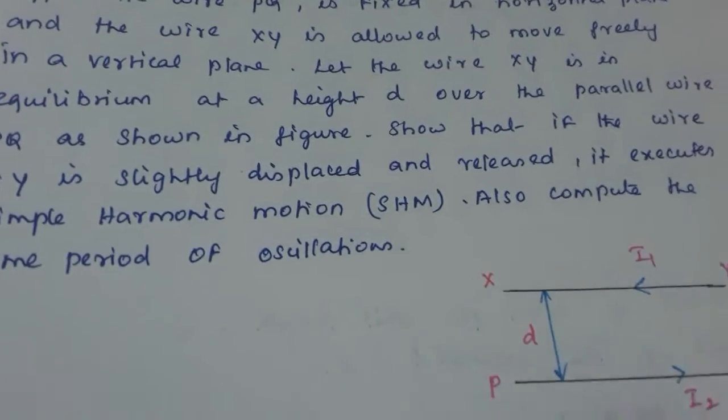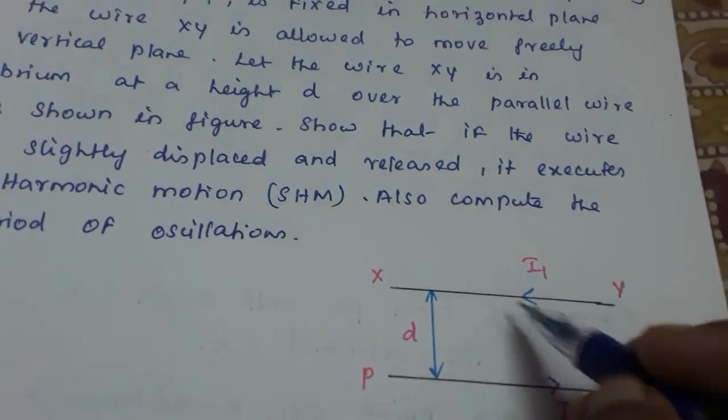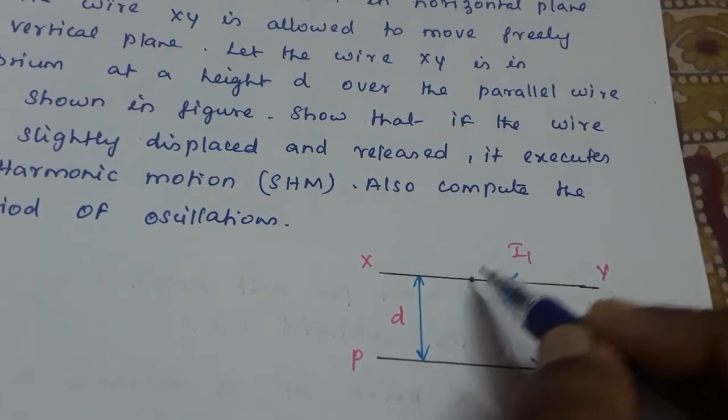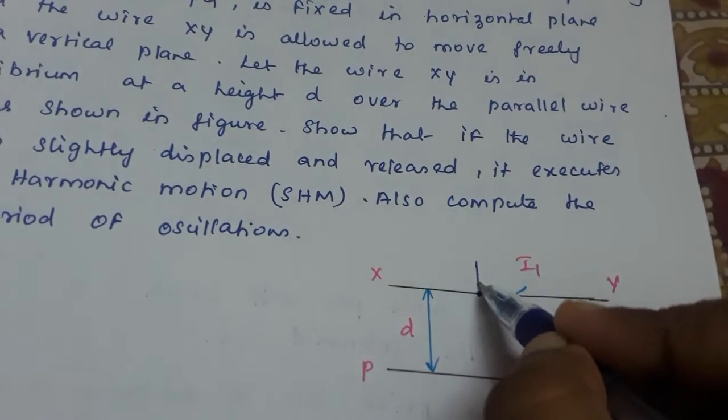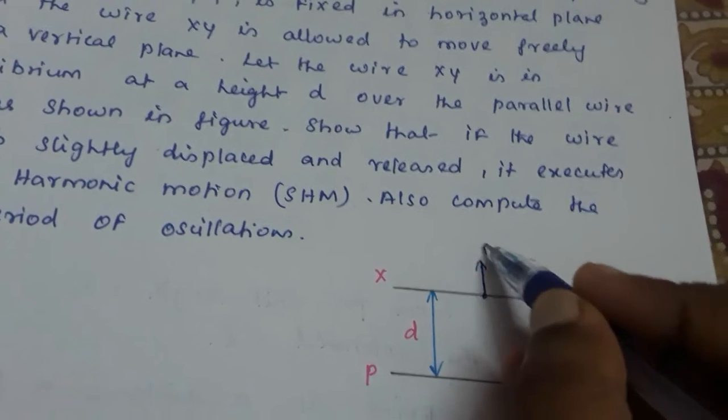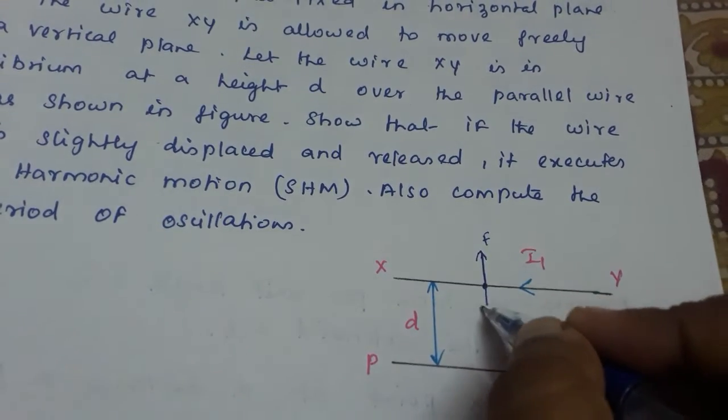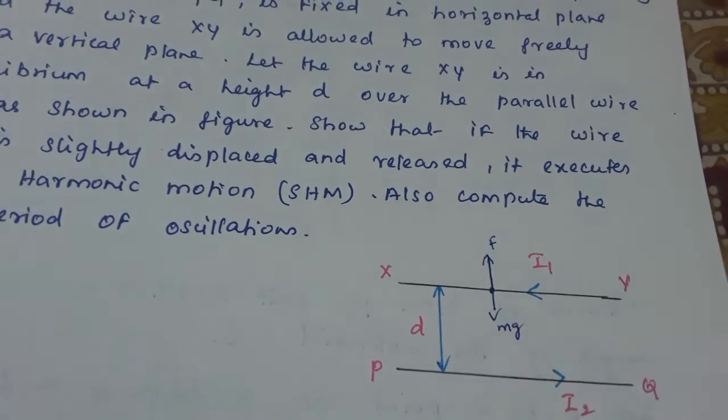Now the forces acting on XY are the upward force and the downward force. The upward force we can take as F and the downward force we can take as mg.